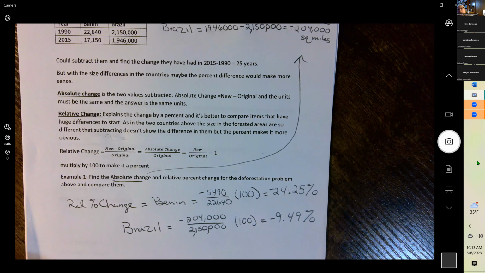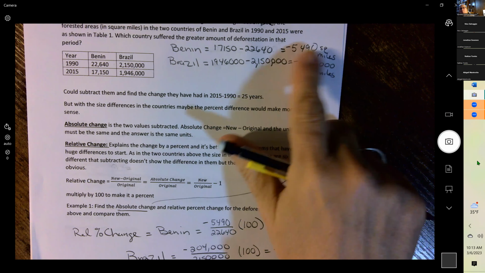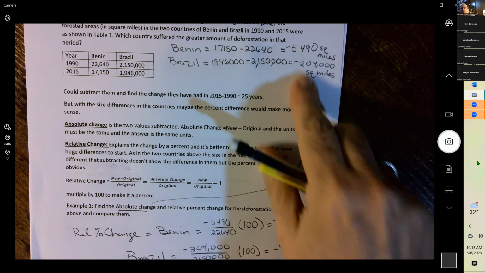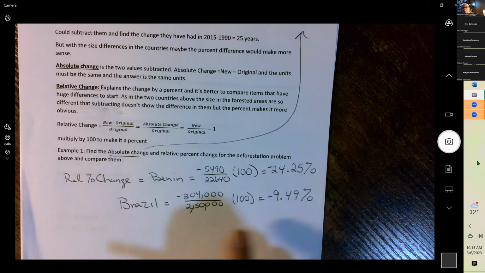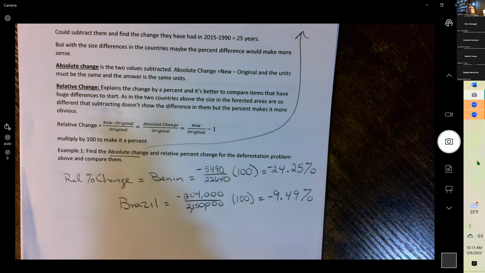So it's two different ways of looking at it. Subtracting it shows you that Brazil cut down a lot more of their trees than the other country, but here it's showing that percent-wise it was a lot lower. And the negative is because they were cutting down the trees, so it's a loss. Any questions?